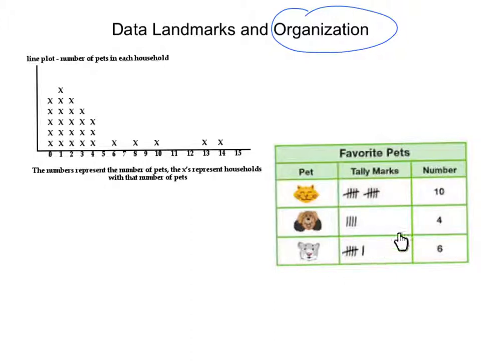Whereas over here it's similar, but we're using tallies. Also, it's important to see what each graph has and doesn't have. This graph has a clear picture of what you were polling, whereas this one is represented by X and explained over here.